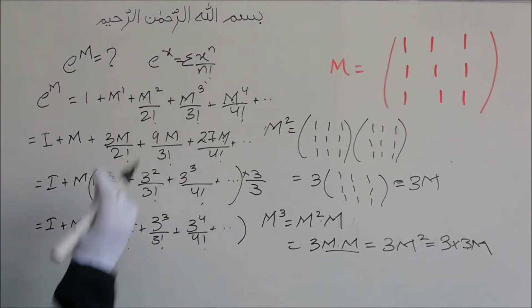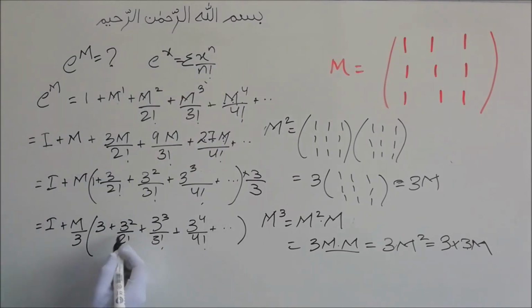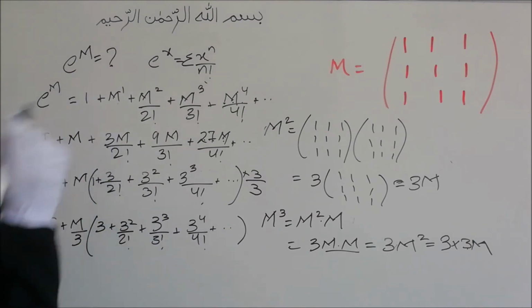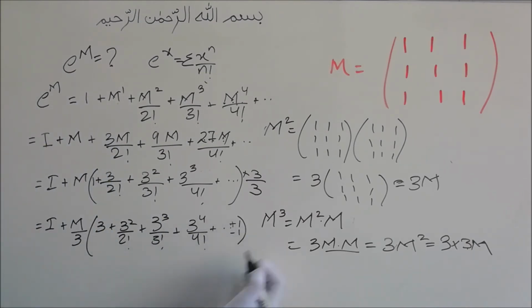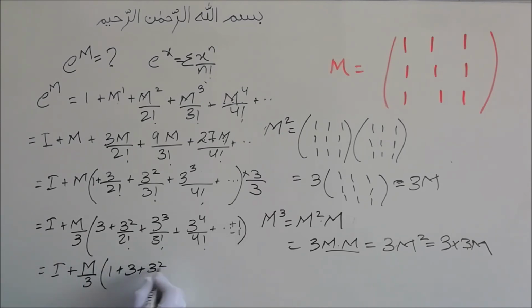Now we have these terms x raised to n upon n factorial: 3 squared by 2 factorial, 3 cubed by 3 factorial, 3 raised to 4 by 4 factorial. We require a term 1, so I will add a plus 1 and a minus 1 here. So it can be written as m by 3 times 1 plus 3 plus 3 squared by 2 factorial plus so on, and the last term we are having is this minus 1 extra term.